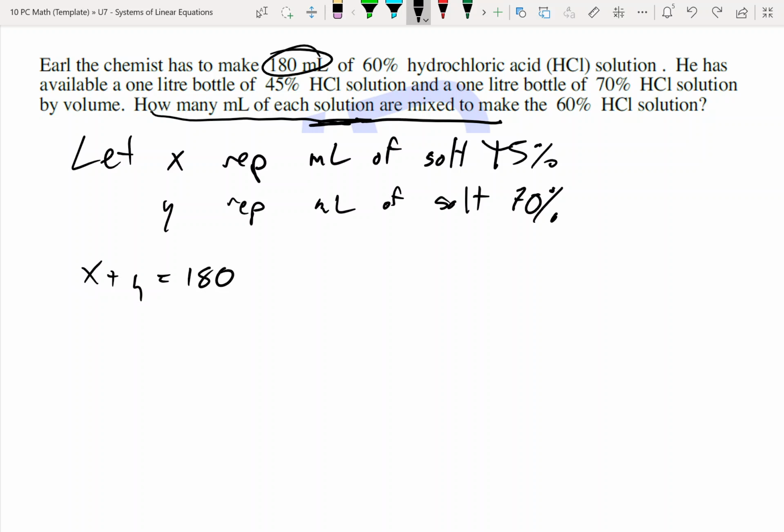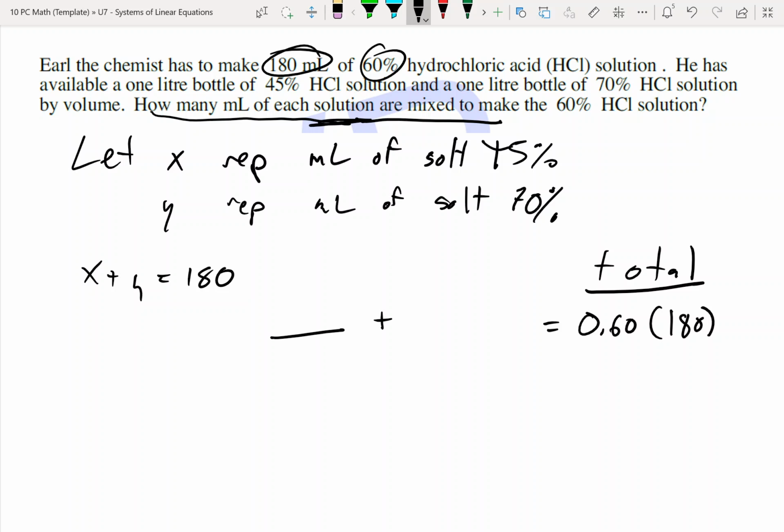Now we got to do the stuff with the percentages. In order to do the percentage, I need to do my total over here. The total, I need to take the percentage. So the total percentage is 60 for the final one, and again that's 0.60, and multiply it by the amount. The amount is 180 because it told us that was the total. Now I need the two things I'm going to be mixing, the X amount and the Y amount.